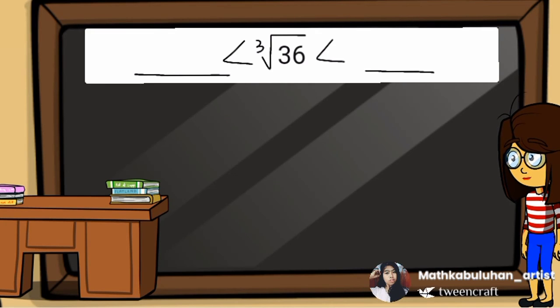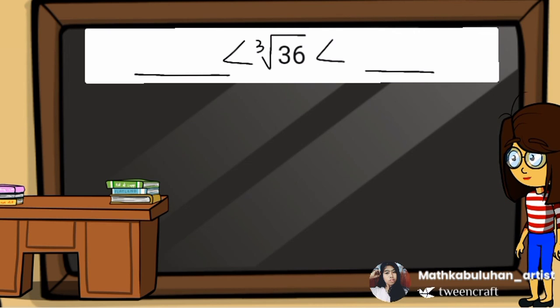Let's find the two consecutive integers that the cube root of 36 lies between. So first, let's find the perfect cube that is below 36. So what is the number that is below 36?